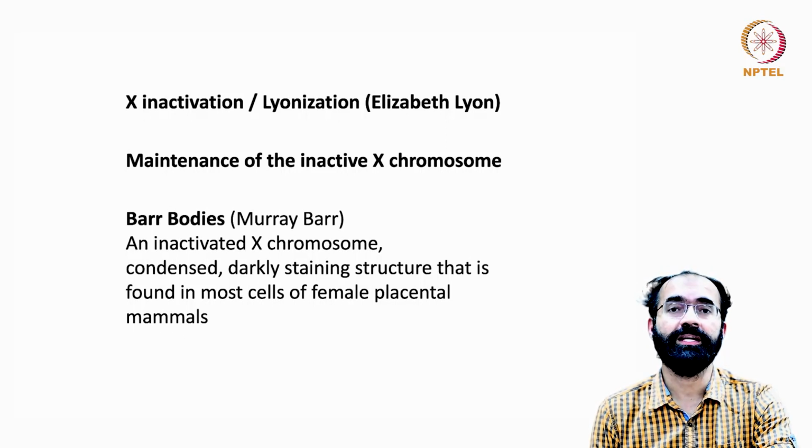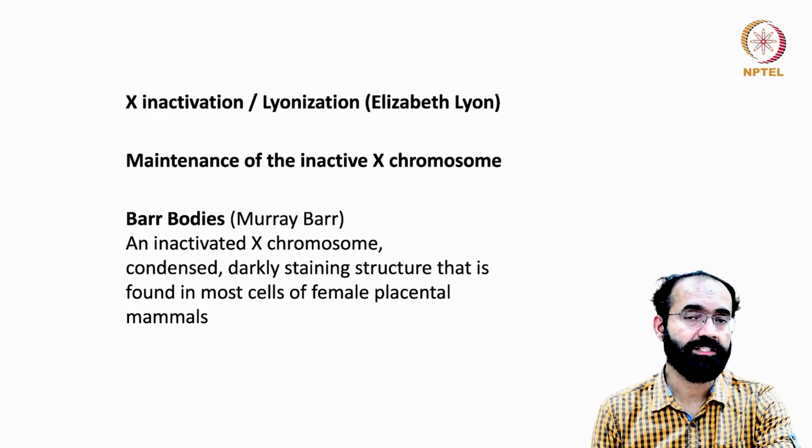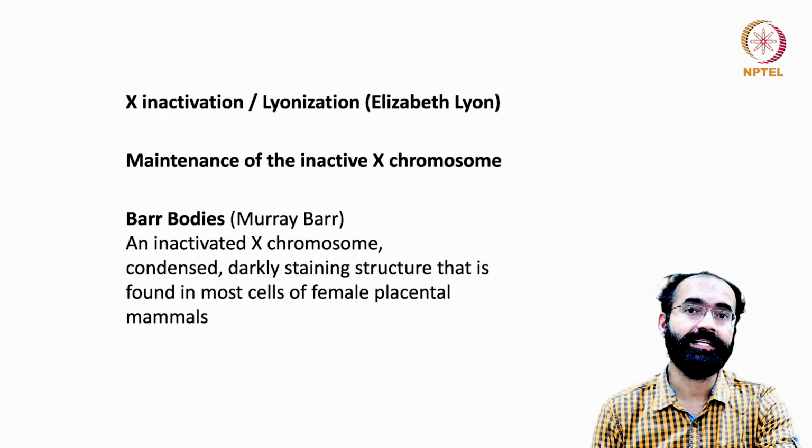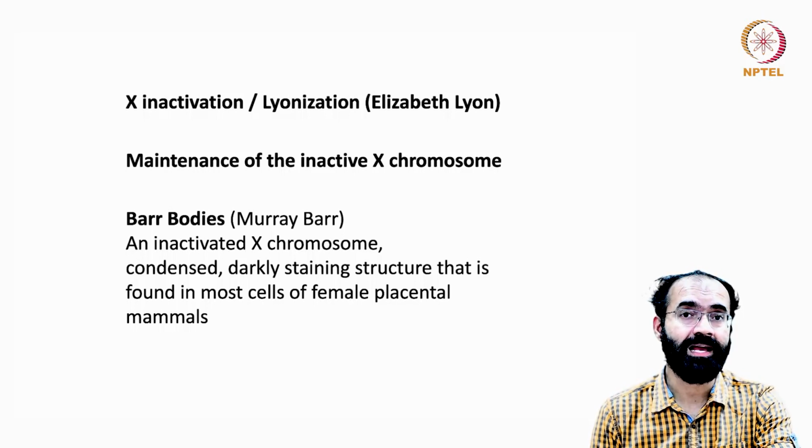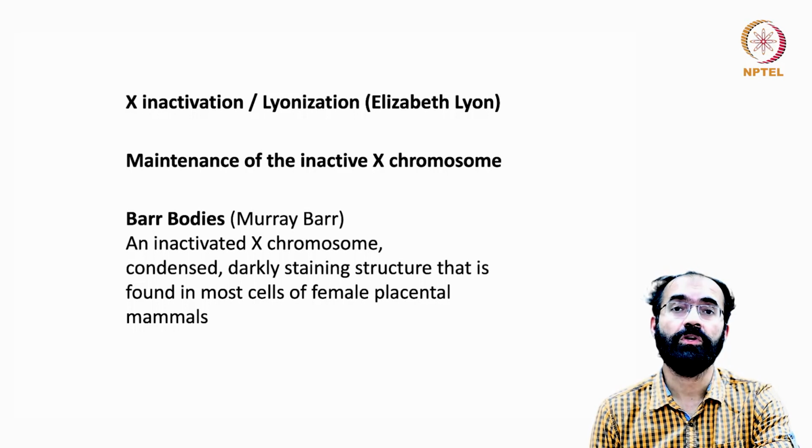After a couple of years, or at least 10 years, it will become like a forest. Nobody can live there. Inactivation is also like that. If inactivation is triggered, it has to be maintained also. That is not an easy task. If any mismatch or failure happens to that inactivation, then the dosage compensation falls apart. Then that can lead to lots of problems.